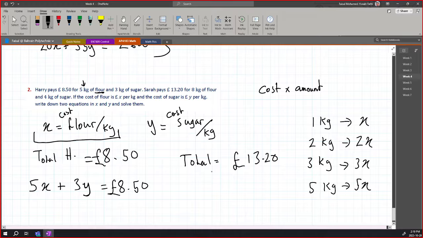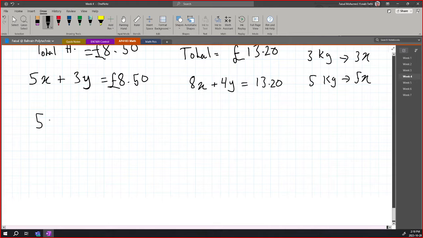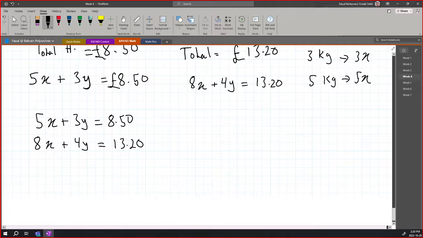For Sara it's the same. We have 8 kilograms of flour, which is 8x, and 4 kilograms of sugar, which is 4y, equal to the total she paid, 13.20. So we have our two equations: for Harry, 5x plus 3y is equal to 8.5, and for Sara, 8x plus 4y is equal to 13.2.